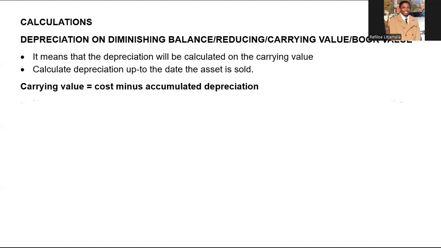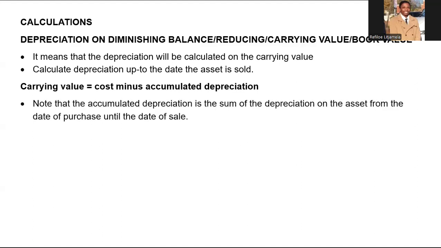Note that the accumulated depreciation is the sum of all the depreciation of an asset from when the asset was purchased up to a point in time, which can be up to the date of sale, or up to the beginning of the current financial year, or up to the end of the current financial year.